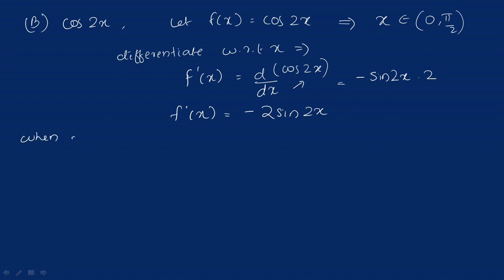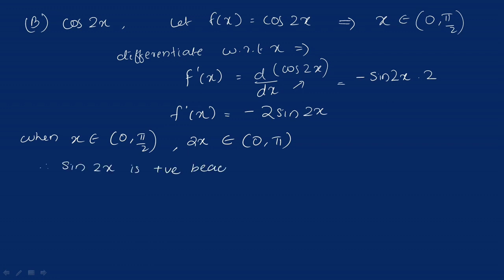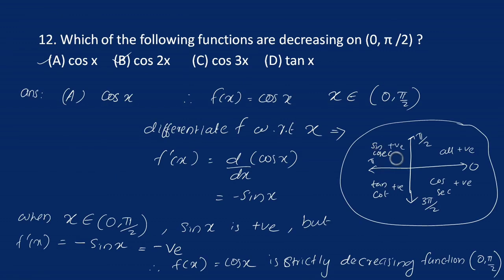Similarly, when x belongs to the interval 0 to pi by 2, we have 2x belongs to the interval 0 to pi. So going back to the quadrants, sin 2x is positive in the first or second quadrant. 0 to pi includes both the first and second quadrant, and in both quadrants the sign is positive.